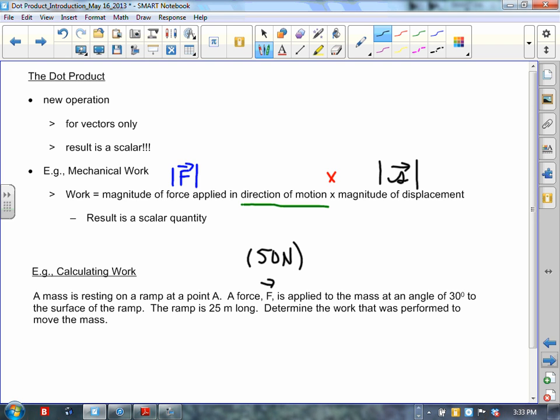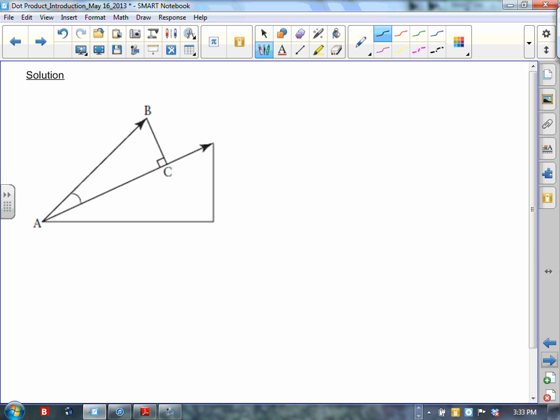So, let's check this out. Let's consider this diagram that we have in front of us. This would serve as a really good template for the problem that we're concerned with. Let's put a few labels on here. This vector here is going to be the force that we're working with.